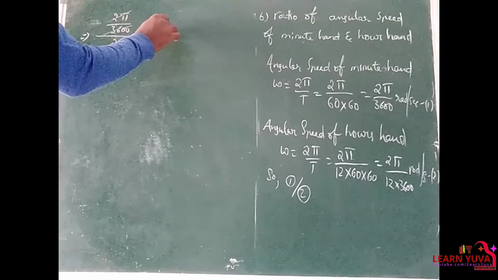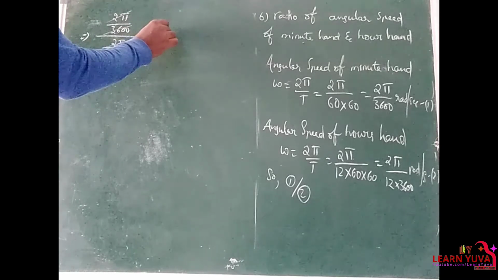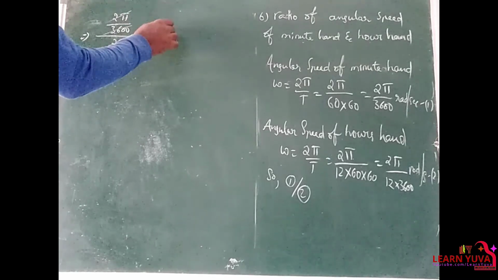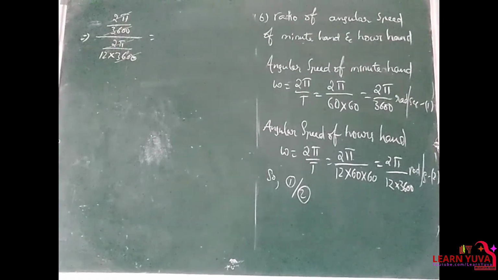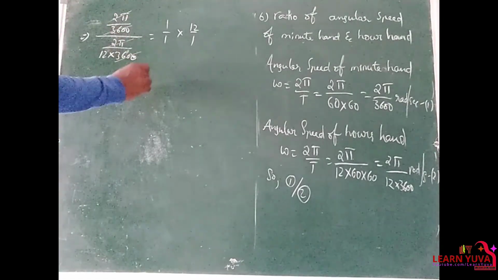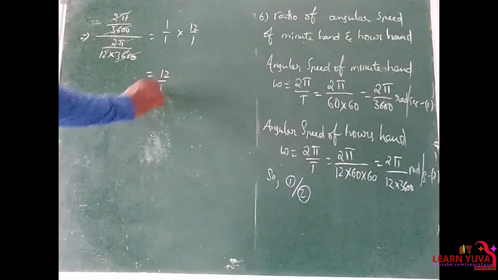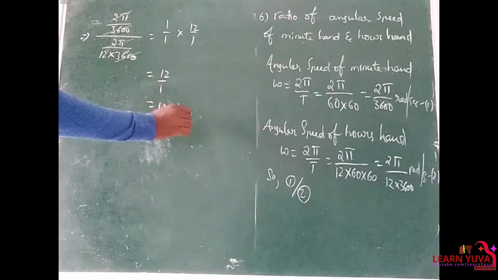That means 1 by 1 into 12 by 1, that is equal to 12 by 1. So the ratio is 12:1.